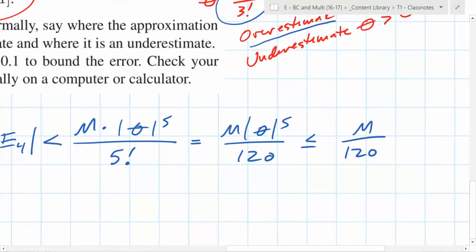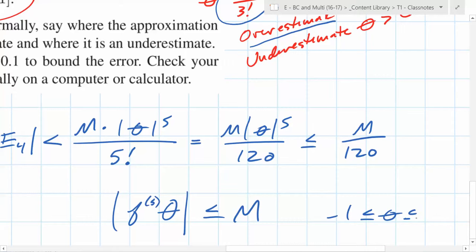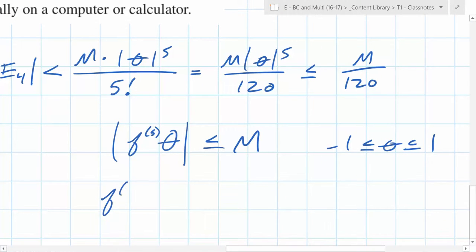Okay, so then we have to find an m value, right? So we're looking for the absolute value of f5 theta less than or equal to m for what interval? -1 to 1. What's the 5th derivative? I'll just tell you, it's cosine. It goes back. It's cosine of theta.